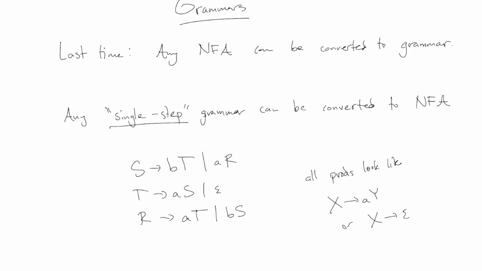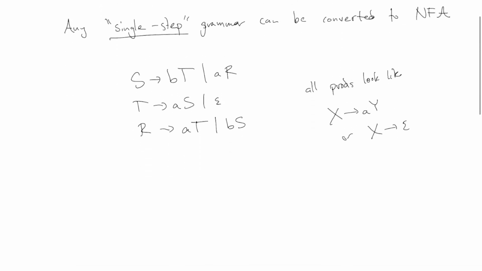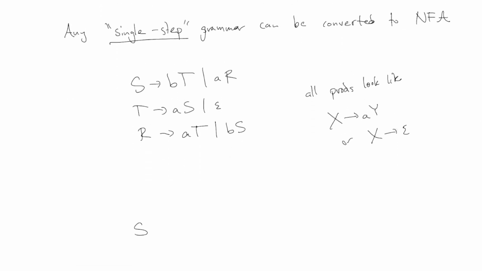If that's the case, it's called a single step grammar. And this can easily be converted to NFA. The way to do it is you make S, T and R the states of my NFA. And then each single step production, the arrows in the grammar are called productions, just translates directly into an arrow on the NFA.